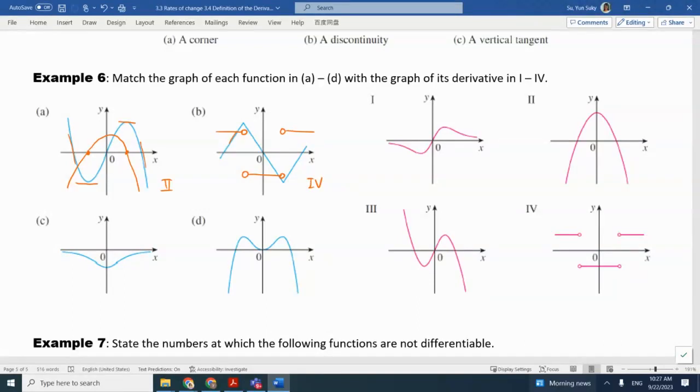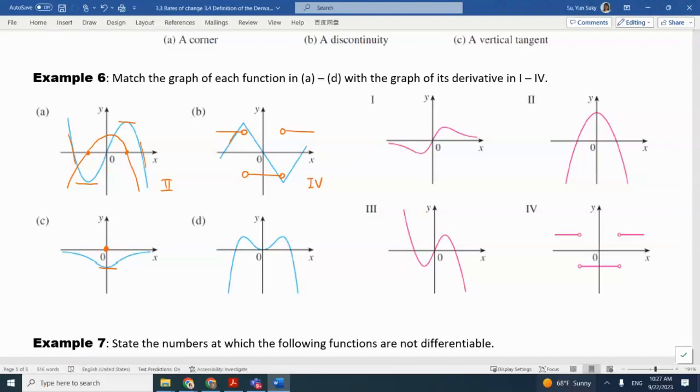Part C. Do you see here the slope is 0? On the left, is your slope positive or negative? Negative. Do you see when x goes to minus infinity, your slope goes to 0? Because it's approaching the horizontal line, it's more flat there.